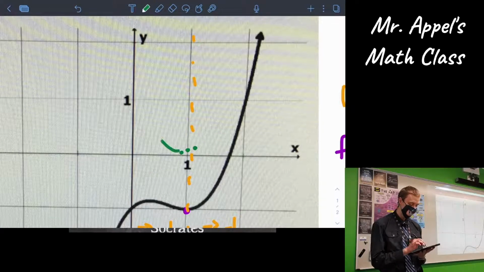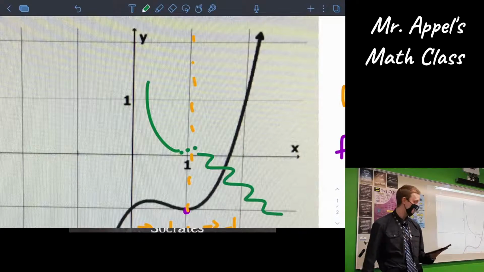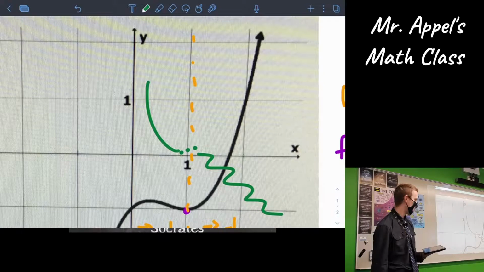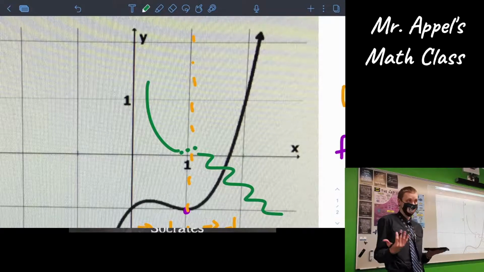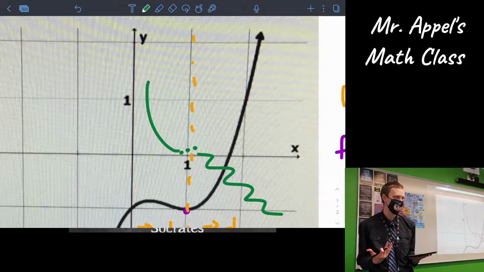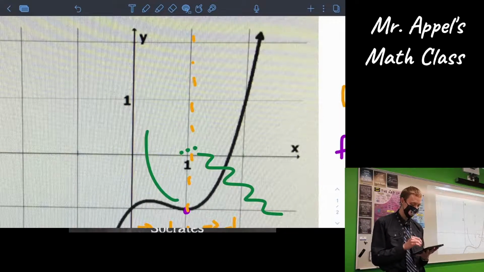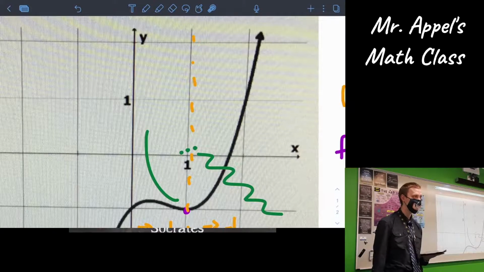But if this one was going this thing, and this one was doing that thing, you'd be like, what? Right? I don't know that I can connect those dots with a smooth line, right? The limits don't seem to match up. In fact, even worse, right? What if this was over here? Like these come this way, but then when I measured from this side, they went up there. Oh gosh, right?